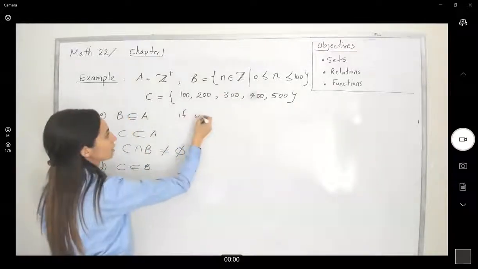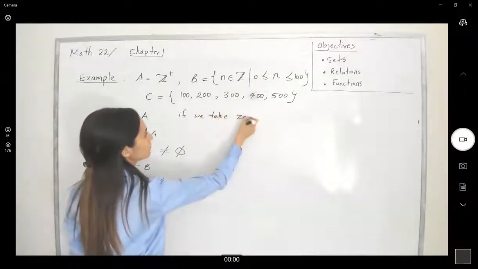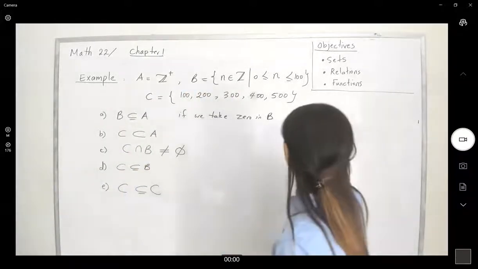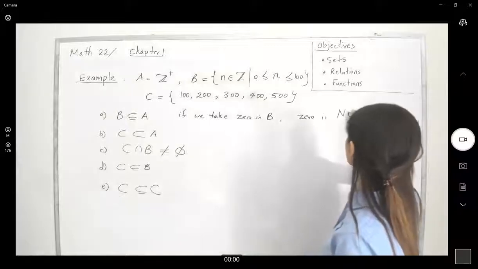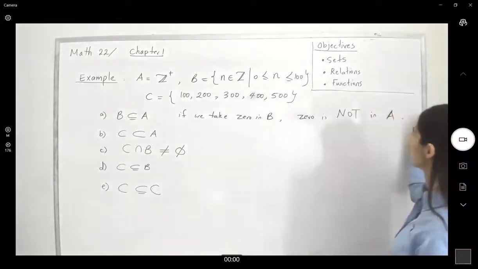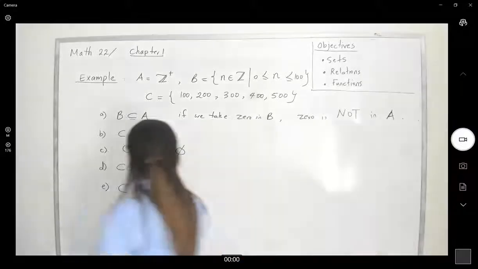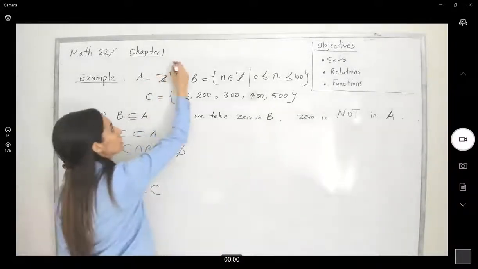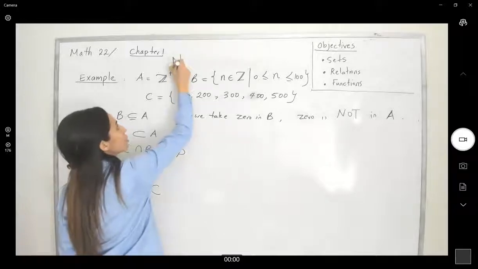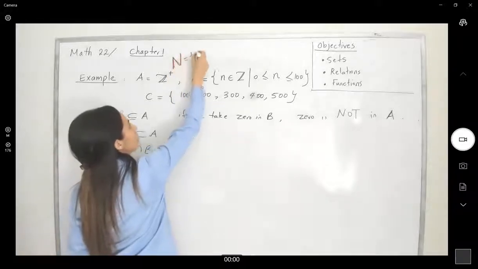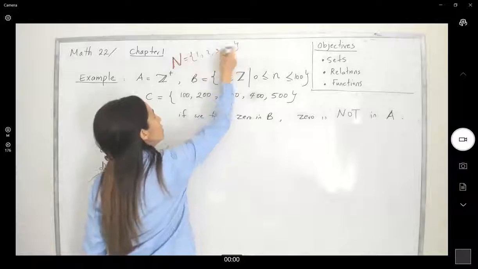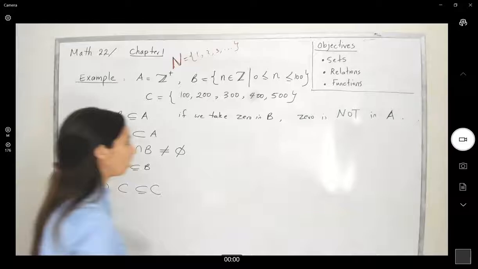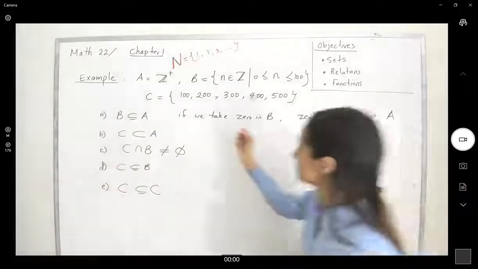If we take 0 in B, 0 is not in A, because Z with a positive sign on top of it is the same as N, natural numbers, and natural numbers start from 1. So, of course, B is not a subset of A. So this is false.